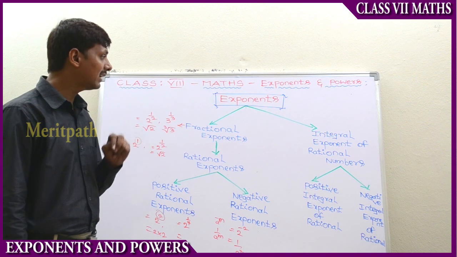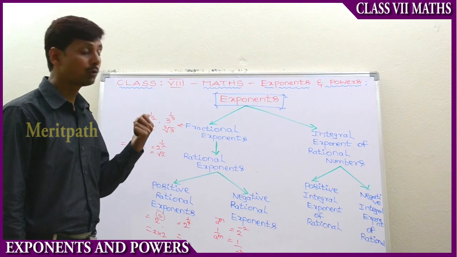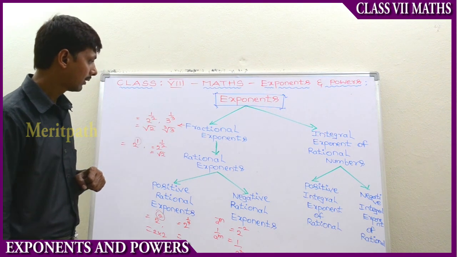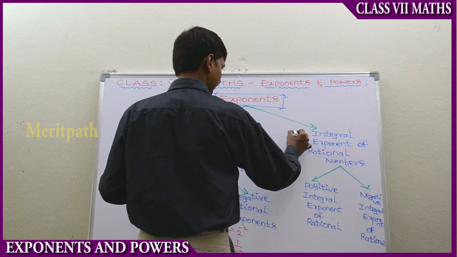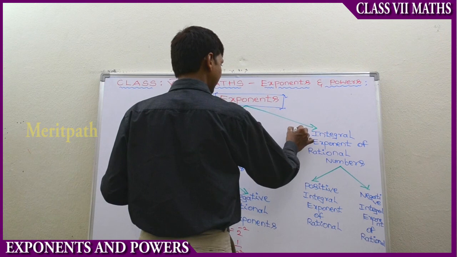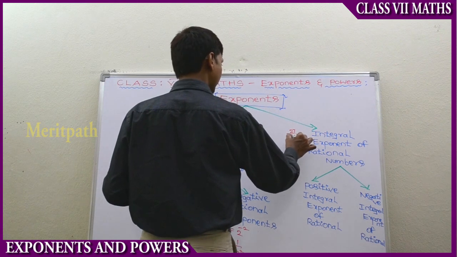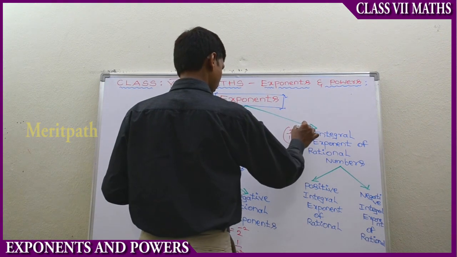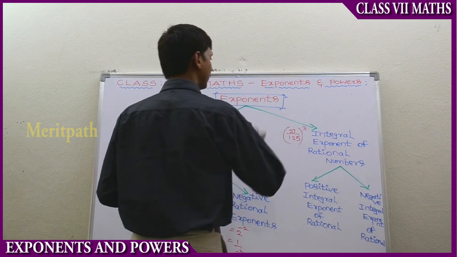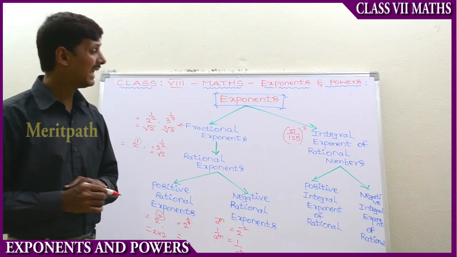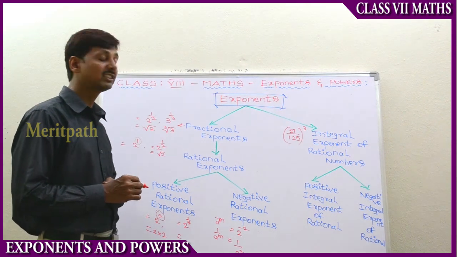Going to the integral exponent of rational numbers. If there is 27 by 125 to the power of 3, we call it an integral exponent of a rational number.